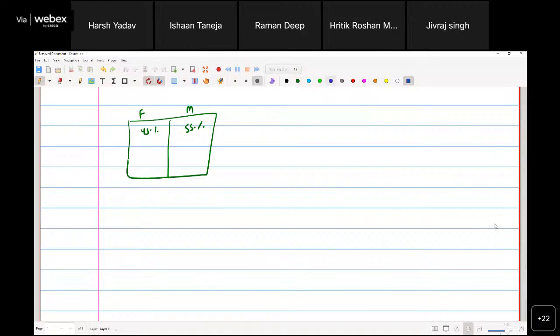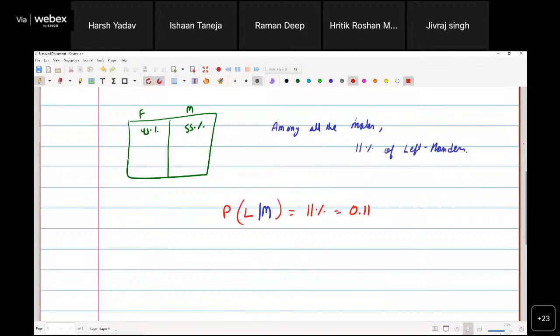So the statement was, among all the males, we have 11% left-handers. So what does it mean? Among all the males means I'm talking about only males. Now my new sample space is only males. Getting a left-handed is 11% chance, or 0.11, right?